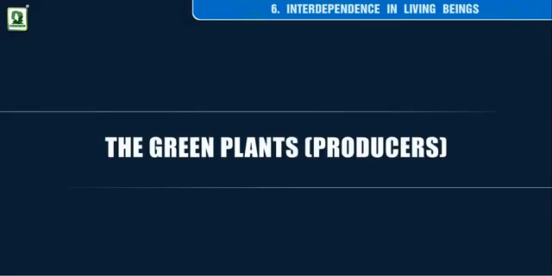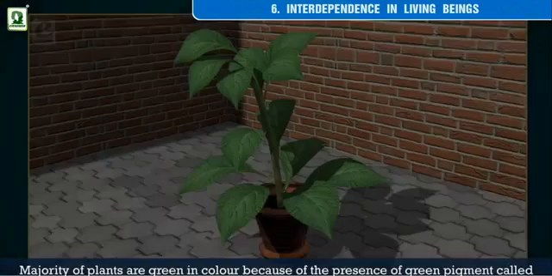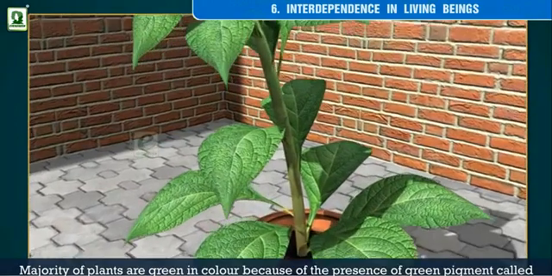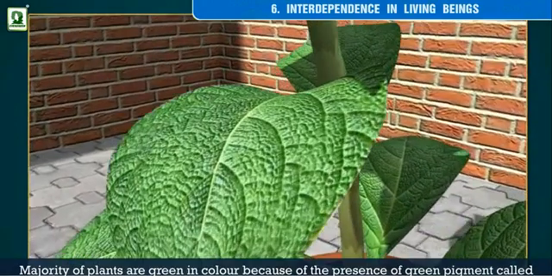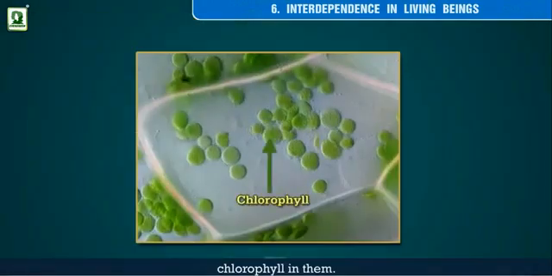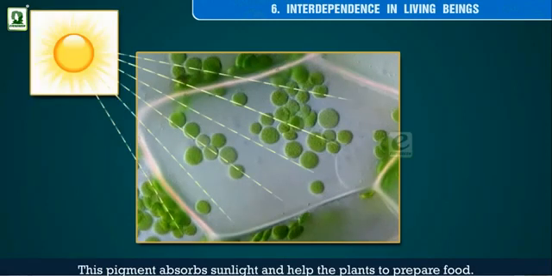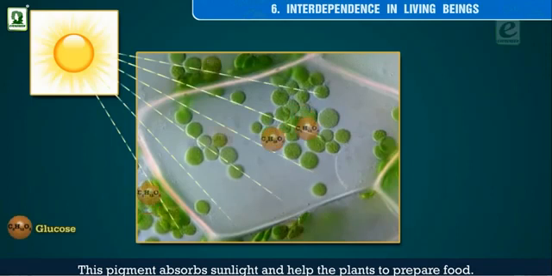The green plants are producers. The majority of plants are green in color because of the presence of a green pigment called chlorophyll in them. This pigment absorbs sunlight and helps the plants to prepare food.